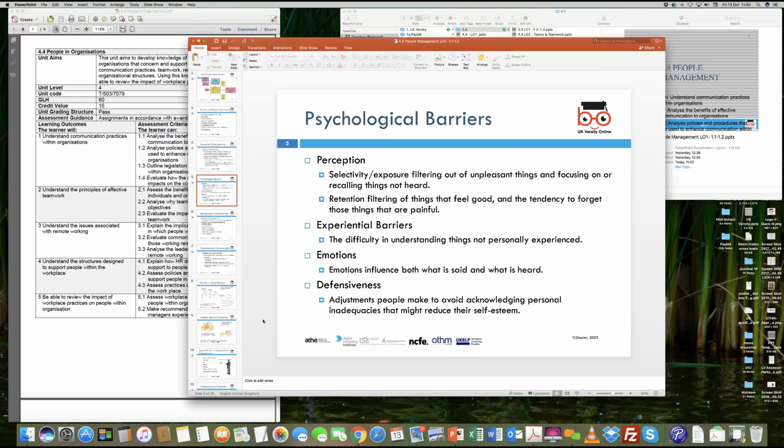And in this sense, you are looking at something to do with a physical cause in terms of why this tends to be a barrier. It could be difficulty in understanding things which you have not experienced before, and that is an experiential barrier.